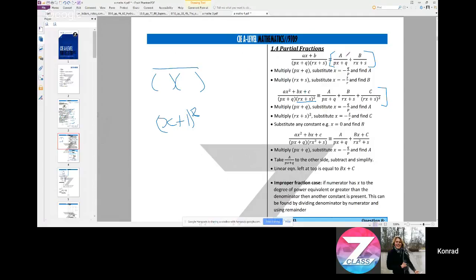And then what you do after that is you're just solving the top equation for A and B. And usually the easiest way to do that is to solve it by setting your brackets, your factors, to 0. By trying out certain values of X.